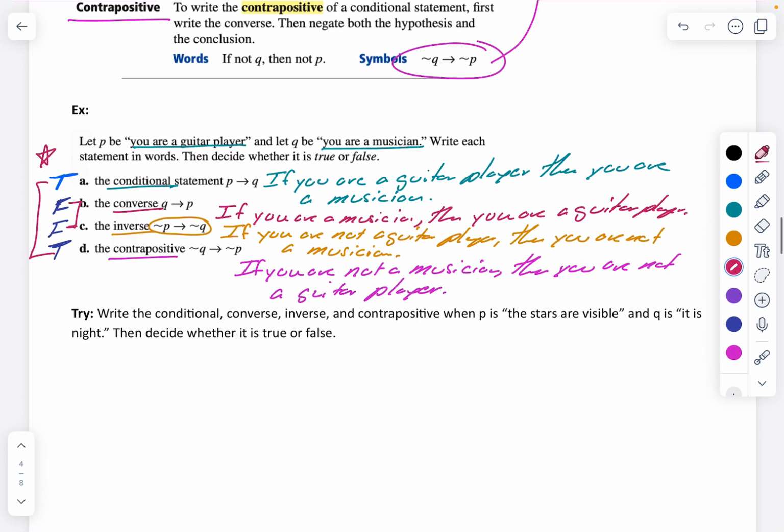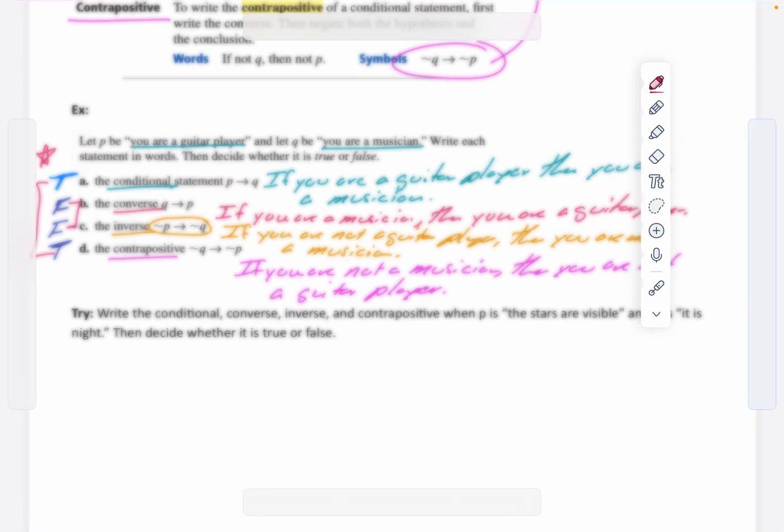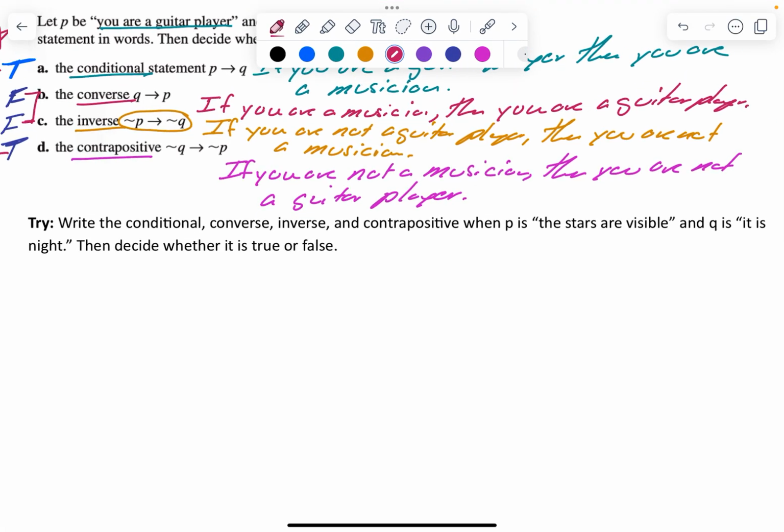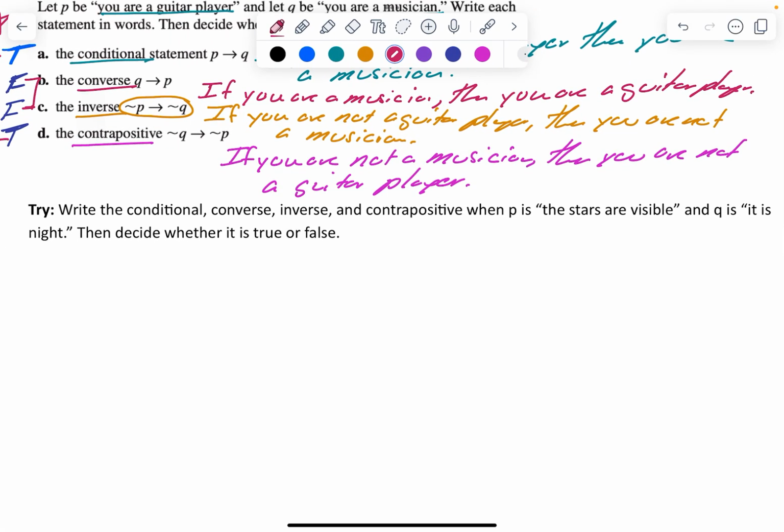So next we're going to practice some more. Here they don't tell us, so we're going to have to write the conditional, converse, inverse, and contrapositive, where P is the stars are visible and Q is it is night. So let's start with the conditional.